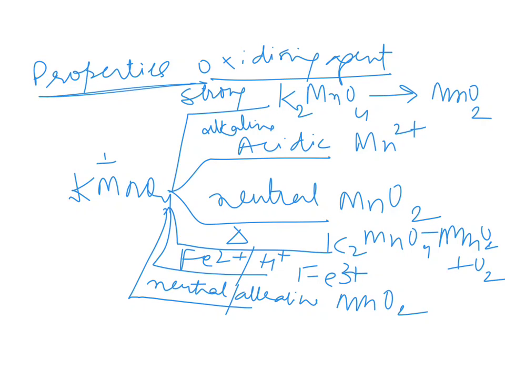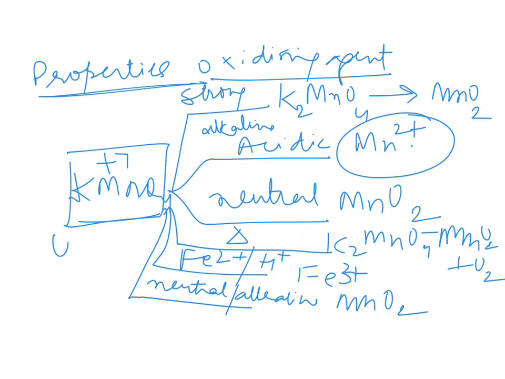So what you see is that from plus 7 you are getting compounds with lower oxidation state. It itself is reduced from plus 7 to plus 2. As it itself gets reduced, it acts as an oxidizing agent. Okay, hope you have noted down the other reactions.